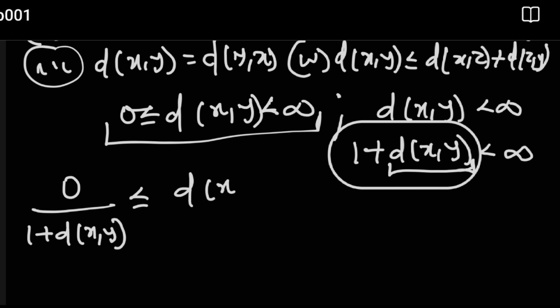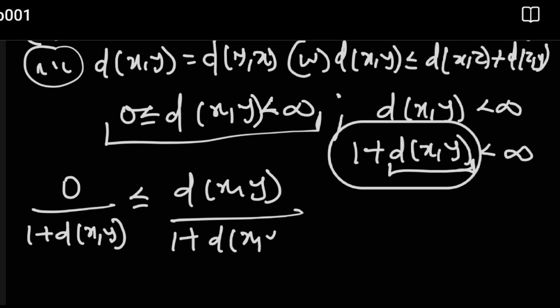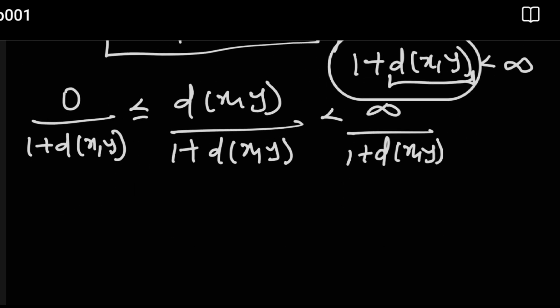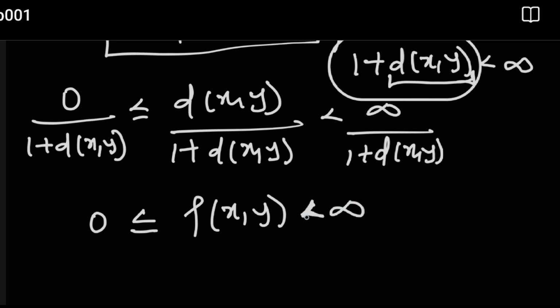You have to be careful before you do this. Since it is defined, we are good to go. 0 divided by this gives you 0, and this function is rho of xy, and infinity divided by a real number will still be infinity. So this satisfies the first axiom.